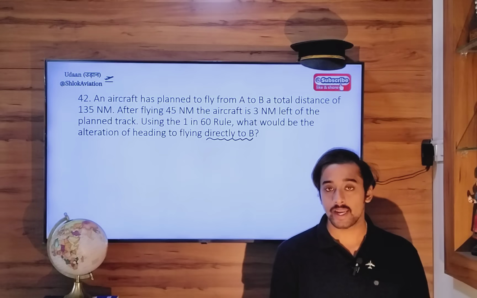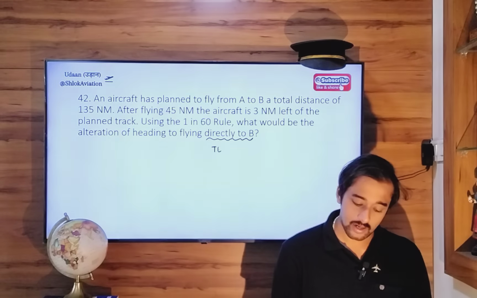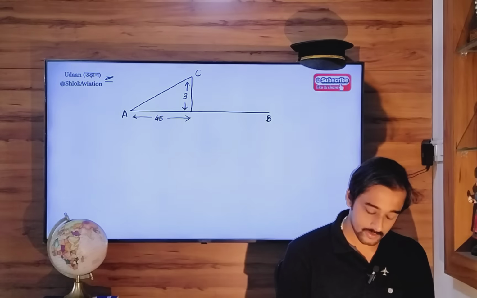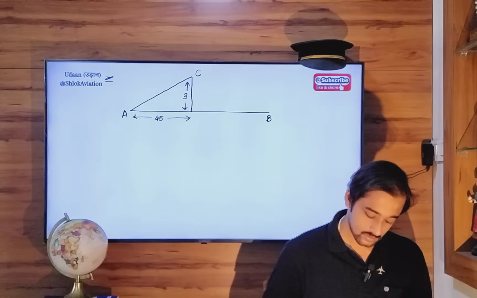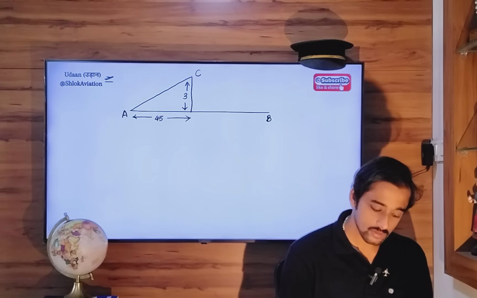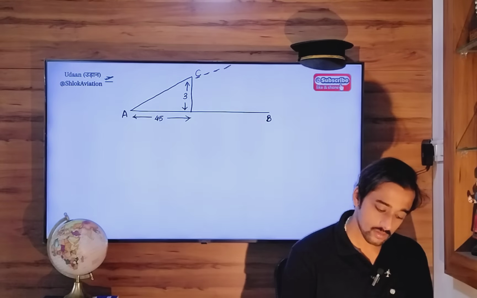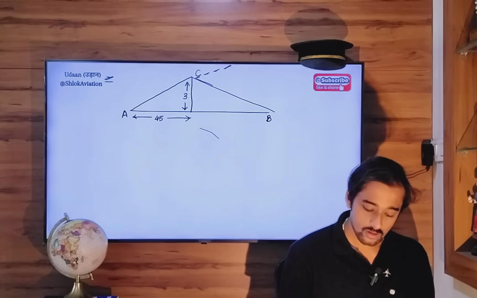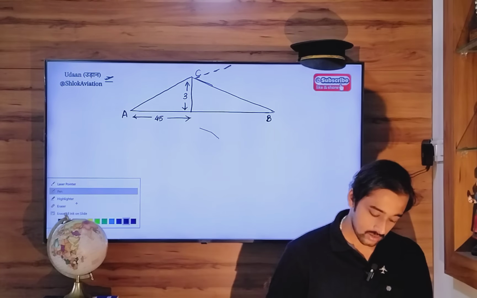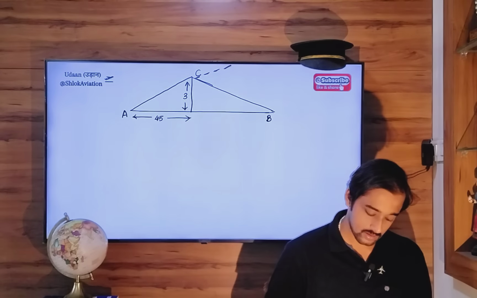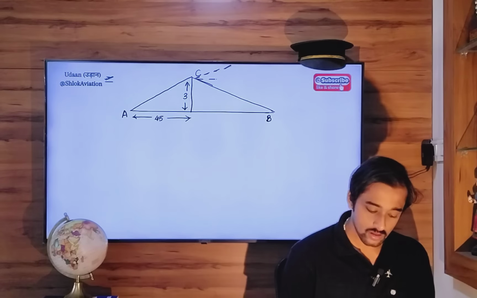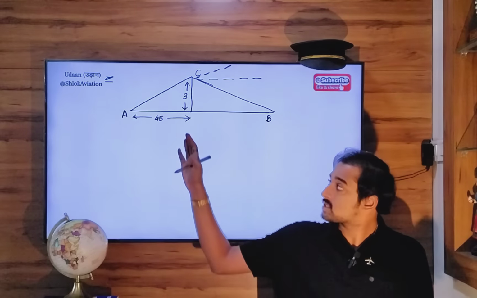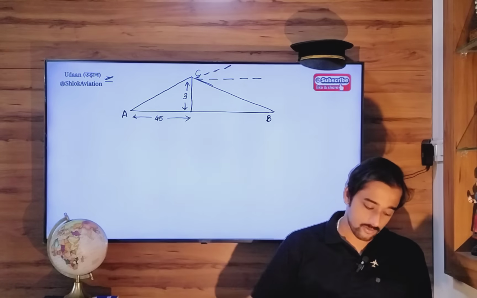So when we have to fly directly to B, we use track error and closing angle method. Okay, track error and closing angle method. Let's first focus our attention on this side of the triangle. Let's find track error first.